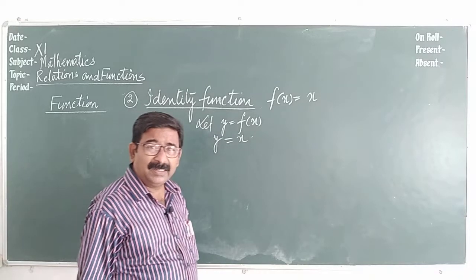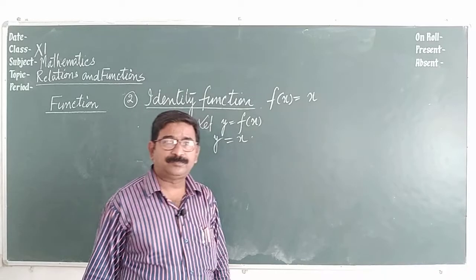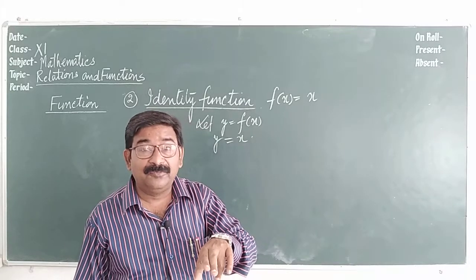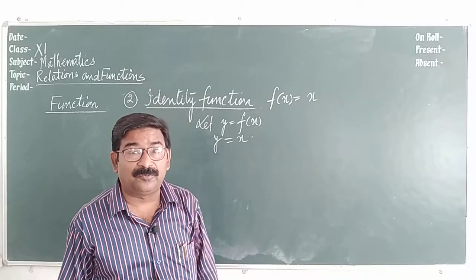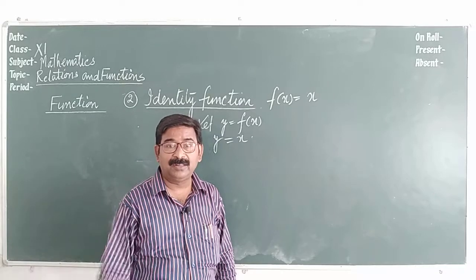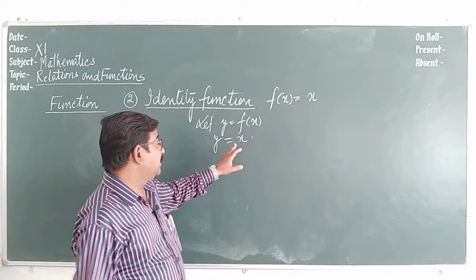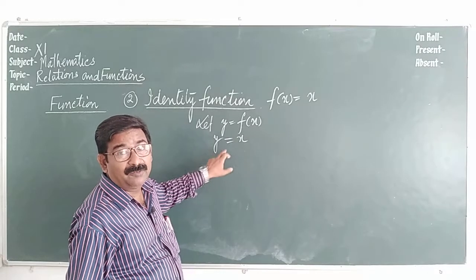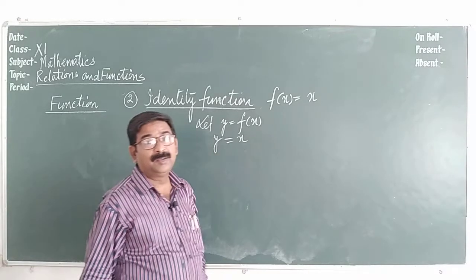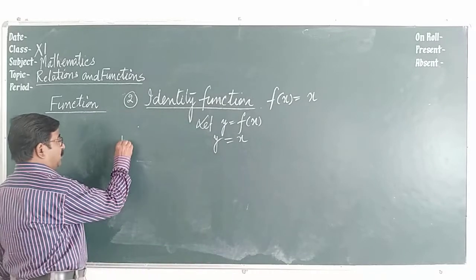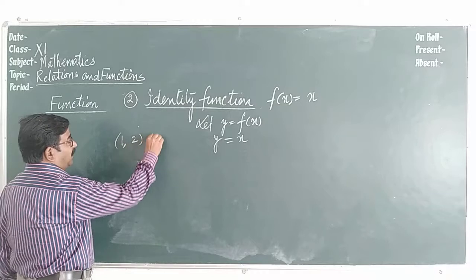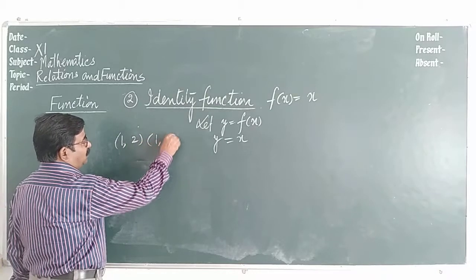Can we imagine that for the same value of x we can have different values of y? Try to think. Suppose you take x = 1, then y = 2. Suppose you take x = 1, then y = 3.